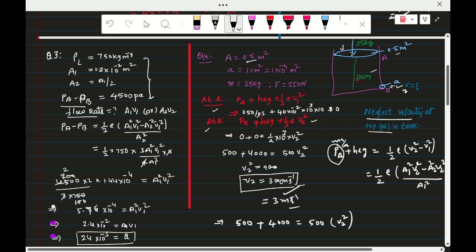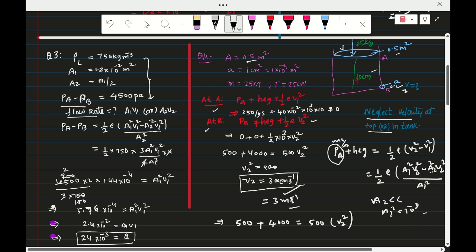So we understand this. V2 square only will come. I am neglecting this A2 value, the small a square. A2 square is 10 power minus 8, which is very small, so that A2 square can be neglected. Then A1 square gets cancelled and V2 only remains.